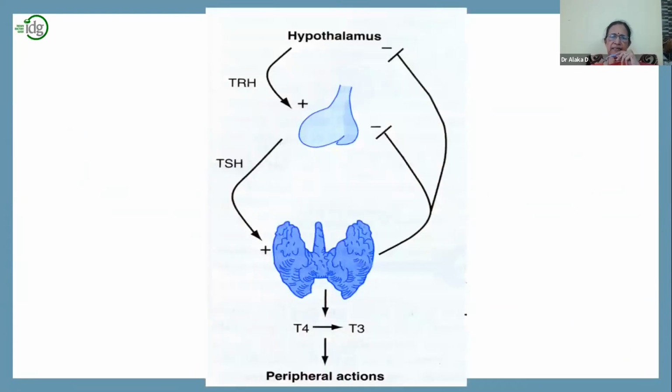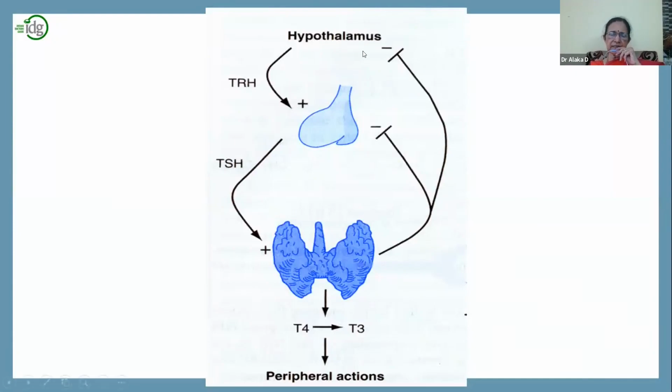You all are familiar with this diagram. This is the thyroid gland, which secretes mainly T4 and a small amount of T3. This T4 is peripherally converted into T3 because T3 is the active hormone. Based on this peripheral conversion and peripheral actions of the hormone, if the levels are adequate, then there is negative feedback to the pituitary, and also to the hypothalamus.